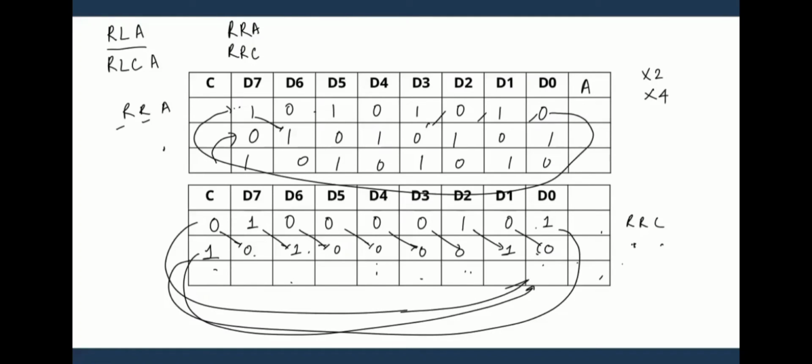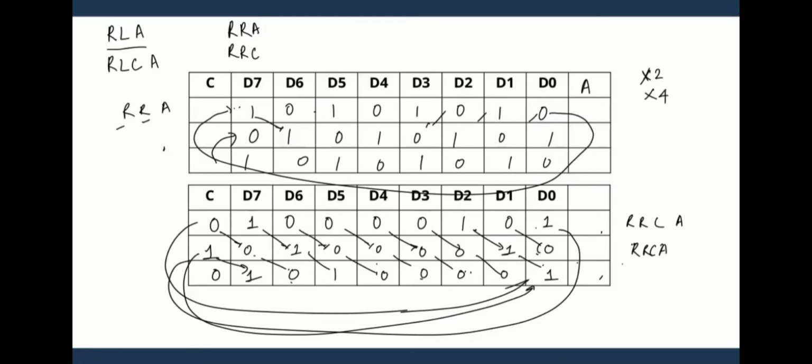If you are right shifting again with RRC, the carry register bit moves to the D7th bit, and D7 becomes D6, D6 becomes D5, like that, again a single right shift. So this is the difference between RRA, RRC and RLA and RLC logical operations in 8051.